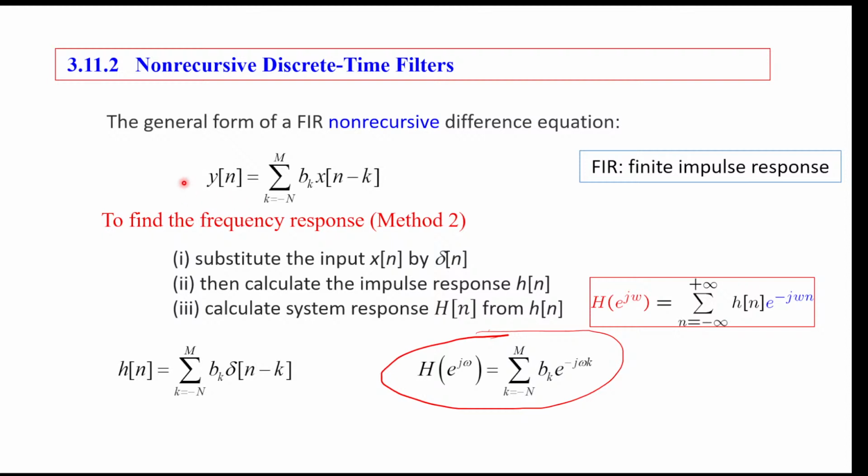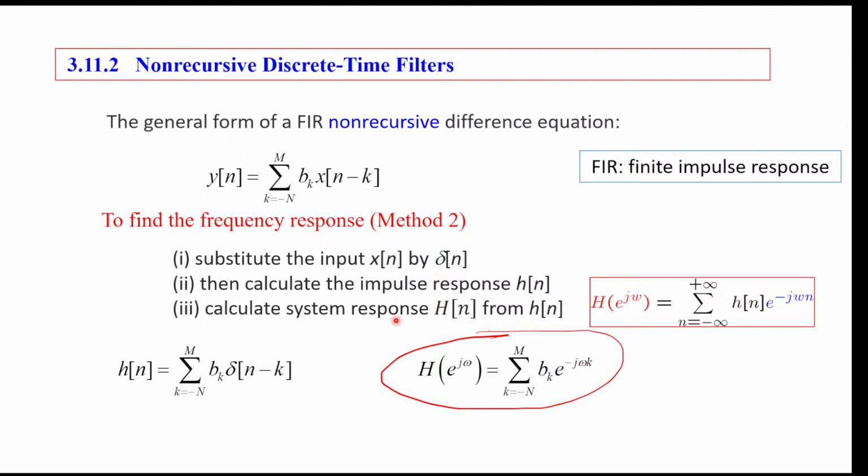And so we see that with this linear simple system, we can calculate small h quite quickly. So we substitute the small x with delta, and we get small h like this. Then you calculate big H from this formula. Because you are summing a whole bunch of delta functions, it's really simple.